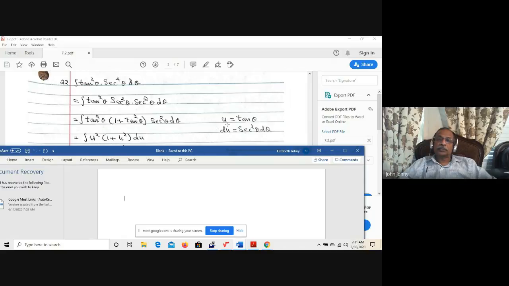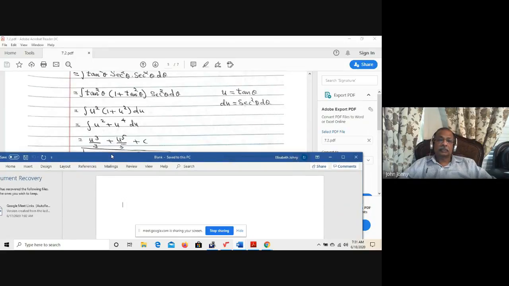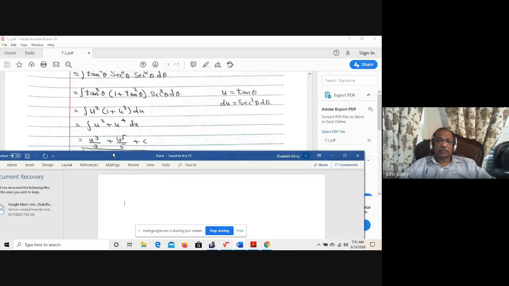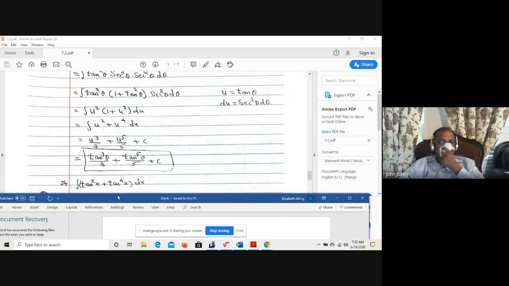Your substitution is u equal to tan theta, so du is equal to secant squared theta d theta. So this is u squared times (1 plus u squared) du, that is u squared plus u to the 4 du, and that is u cubed over 3 plus u to the 5 over 5 plus c, that is tan cubed theta divided by 3 plus tan to the 5 theta divided by 5 plus the constant of integration.